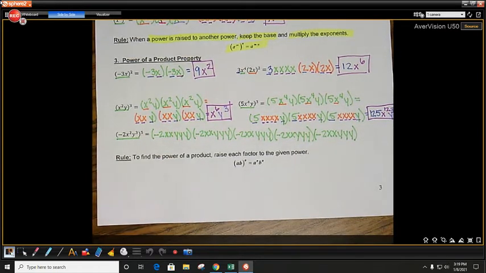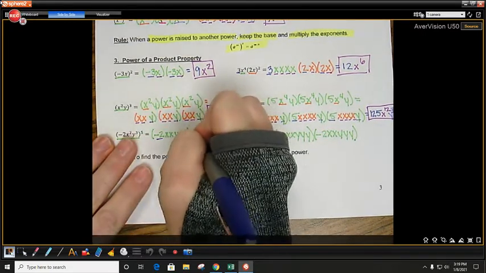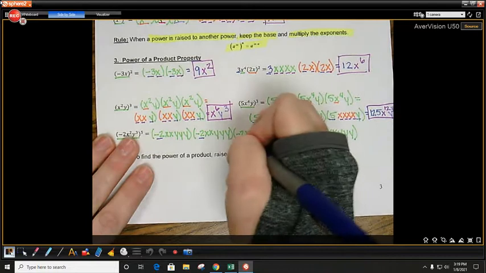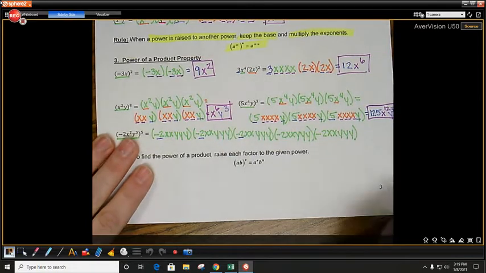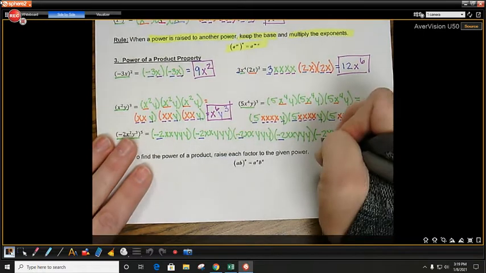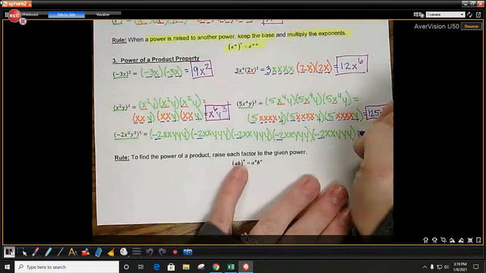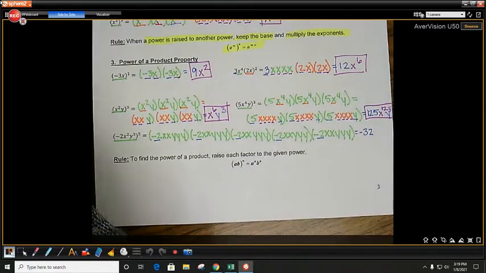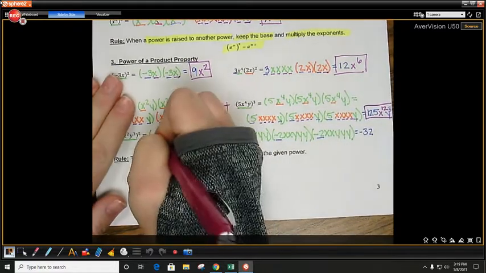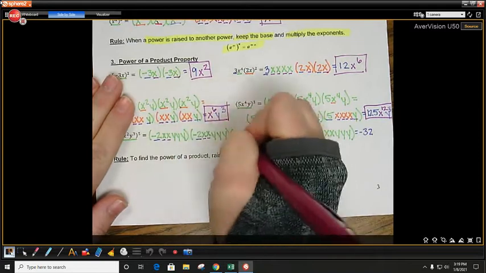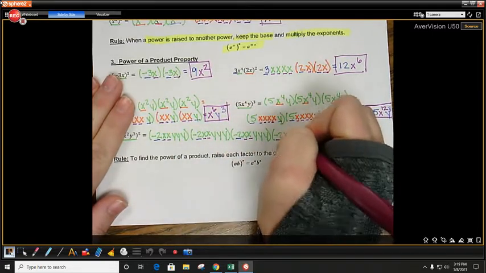So now we need to combine all of our like bases. -2 times -2 is 4. 4 times -2 is -8. -8 times -2 is 16. 16 times -2 is -32. Then we're going to count up our x's. 1, 2, 3, 4, 5, 6, 7, 8, 9, 10.